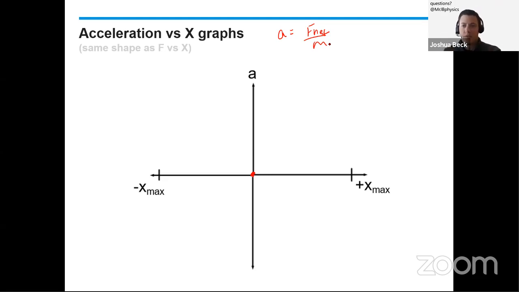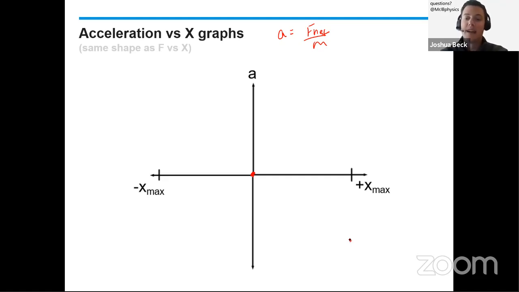How about when I move to the right, when I move into that positive side? Well, my force gets bigger and bigger and bigger, so my acceleration should get bigger and bigger and bigger. Does that mean I'm up here? Well, no, not exactly. Because remember, if I'm moving towards the positive side, then I need to have a restoring force. My force is actually to the left, so my force is actually in that negative direction, which means my acceleration is in that negative direction.